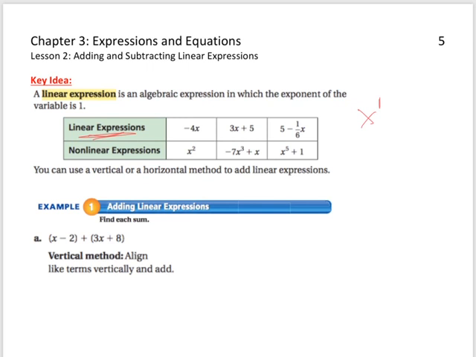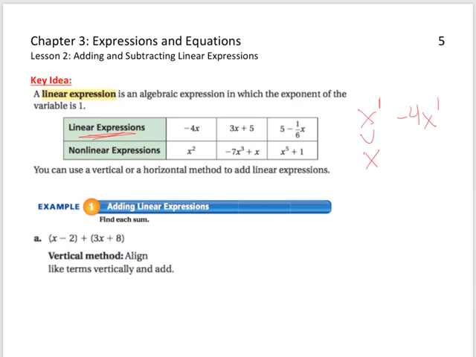So if you were to do that, you would just get x. So that's just a little bit of clarification of when it's saying that the exponent of the variable is 1, you can always assume if it says -4x, that is the same as saying -4x to the power of 1. There's really no point of writing that power of 1 because x to the power of 1 is just x.